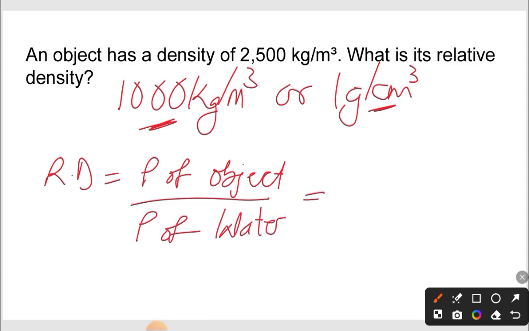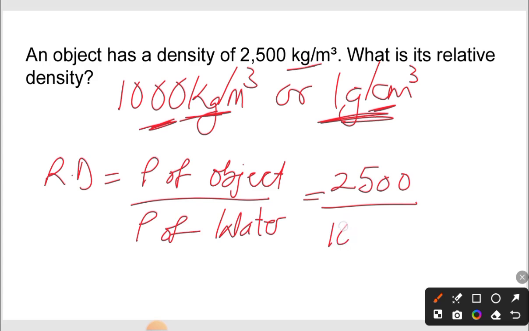So the density of the object is 2500 over density of water. Now we are not going to use the 1 gram because I mentioned already at the beginning of this series that you are always going to be careful of the units that are involved in solving. So it's kilogram per meter cube, 1000.